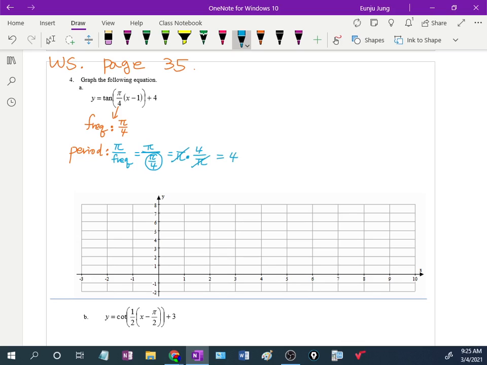So we calculate the period, and this is the period, saying that one cycle will appear in 4 units. So if I start from 0, one cycle stops at number 4. And the second cycle starts from 4, stops at 8, like that, okay? So by using this, I can graph 1, 2, 3, another 4, right? So I can graph about 3 cycles. Make sense?